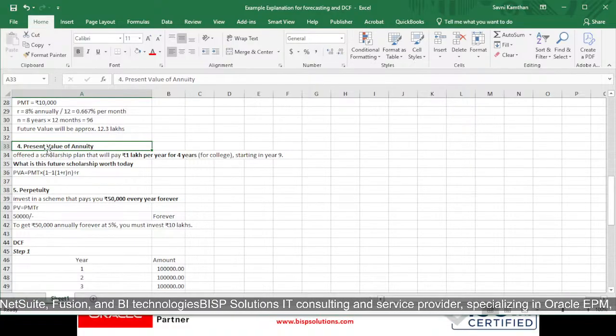This is the present value of an annuity. For that we will be using PVA is equal to PMT into 1 minus 1 into (1 plus R) to the power n, divided by R. This gives the current value of those future payments, so we can compare it with other investments.